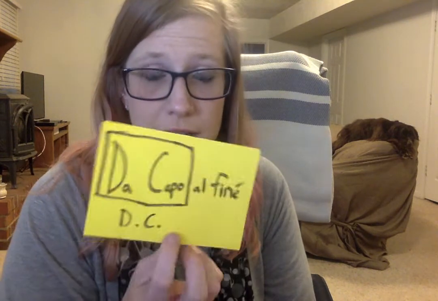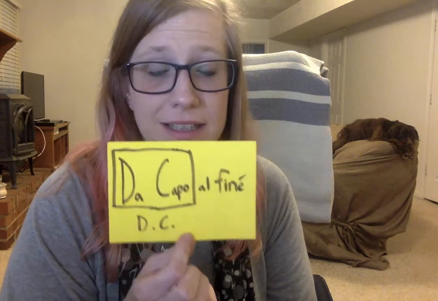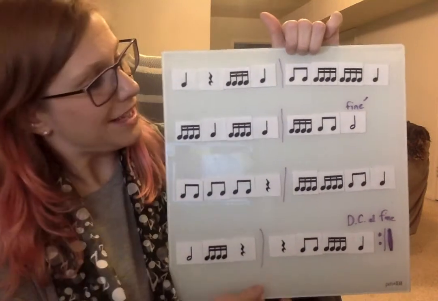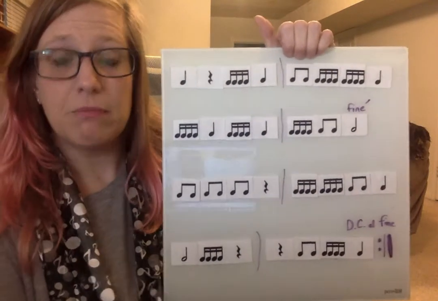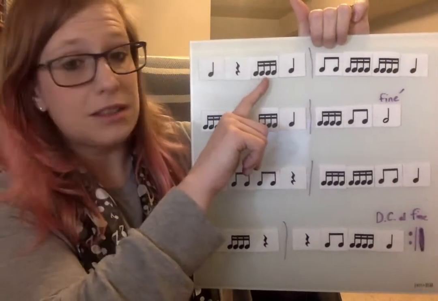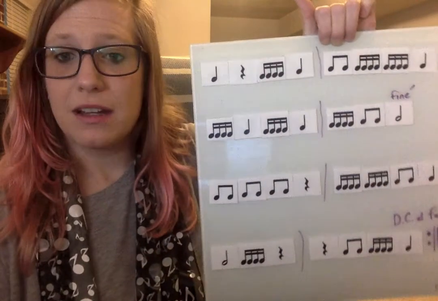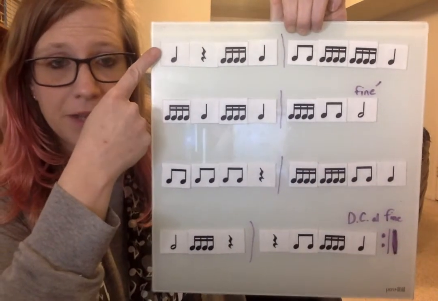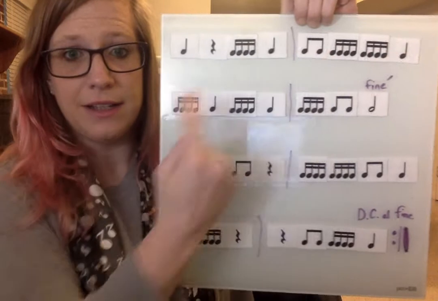The first one I'm going to show you will be the DC al fine, because I already have it written up and ready. So I made a little short musical piece here using the music notes that we reviewed last week, Taki Tiki. And what I'm going to do is start here at the beginning of our piece of music and go through each line.